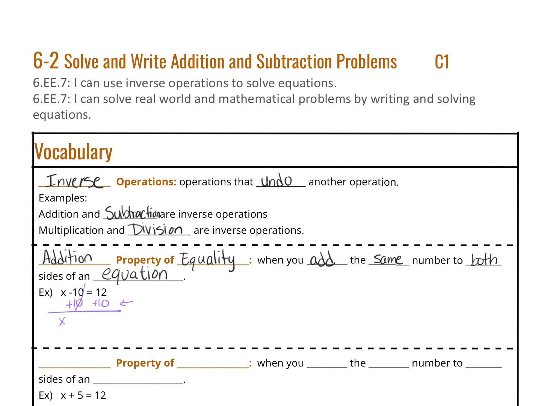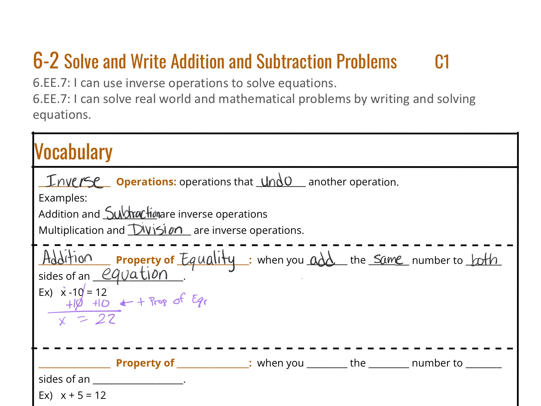So this is the addition property of equality, right? Okay, so then I would get 22 equals x. And if I substitute that in, 22 minus 10 is 12, right?